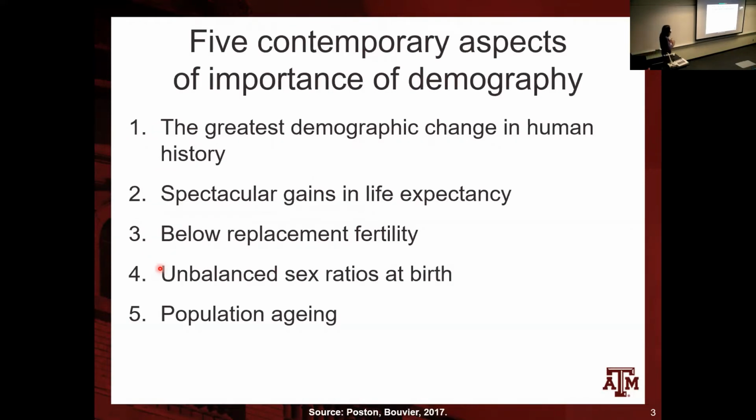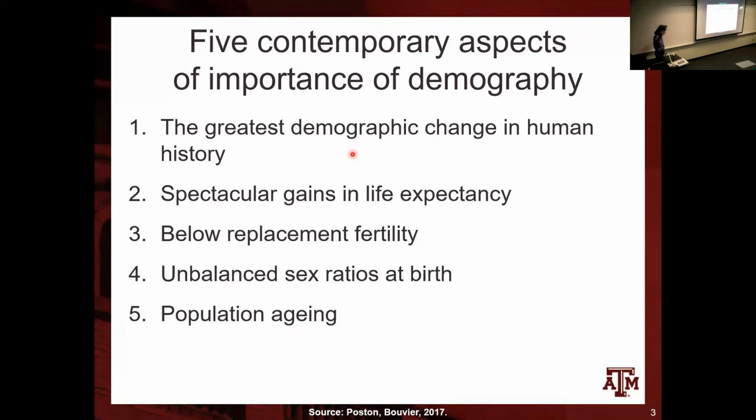So what are the 5 contemporary aspects in demography that we want to discuss here? What is called the greatest demographic change in human history is pretty much the huge population growth that we experienced in these last centuries in human history, right?